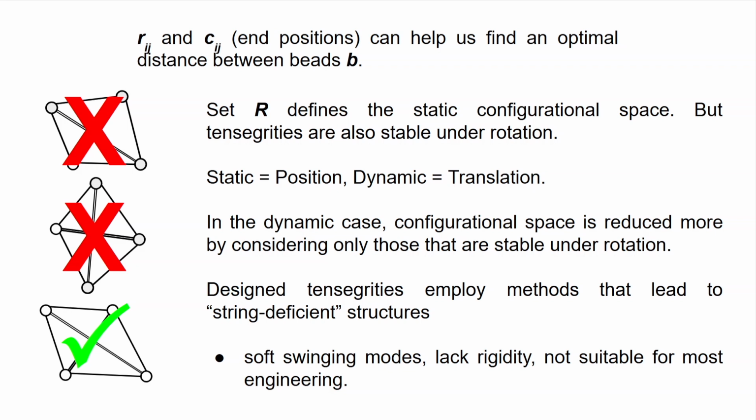As you translate or rotate a shape, those lengths are going to change, the angles are going to change, and we can evaluate them using these matrices. And so set R, which includes all of these interactions, all of these IJ, so Rij and Cij would all be in set R, and that defines the static configurational space. We want to have the static configurational space and then search that configurational space.